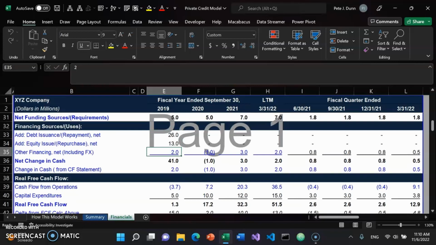And I'm assuming this company issued debt and equity at the beginning, starting end of 2018, beginning of 2019. And then you'll see later on, I'm assuming these things are unchanged. Let's say there's some other financing. That gets you to the net change in cash for financing.